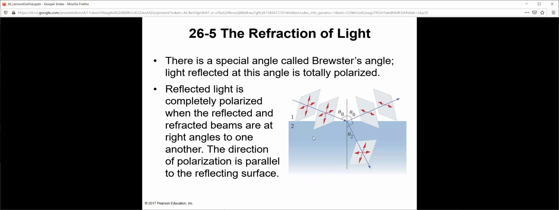There's a special angle called Brewster's angle. This is when light is reflected and becomes totally polarized. Reflected light is completely polarized when the reflected and refracted beams are at right angles to one another. The direction of polarization is parallel to the reflecting surface. So this image over here shows we send in light at different angles. You notice the light here is in crosses, and then when it reflects off, it's only polarized in one direction.